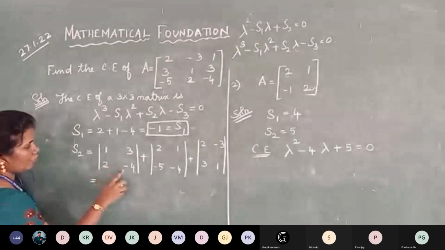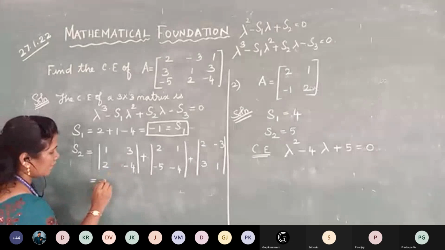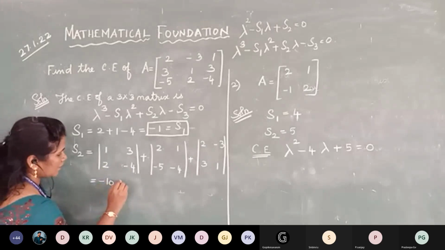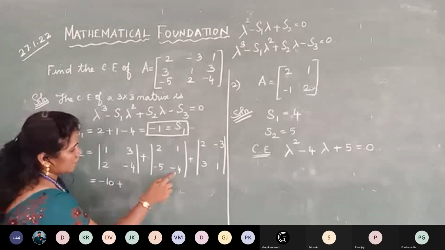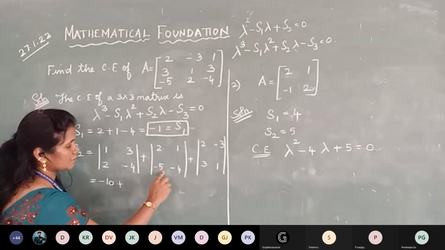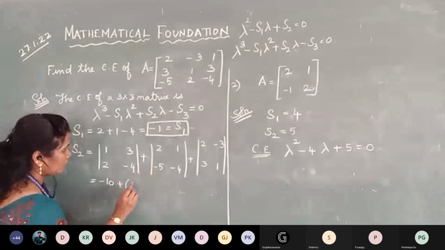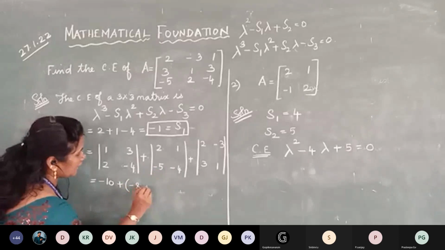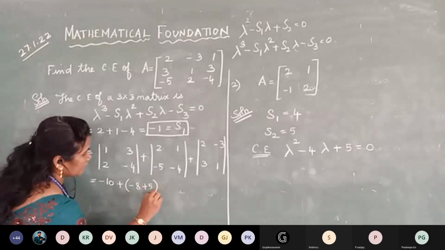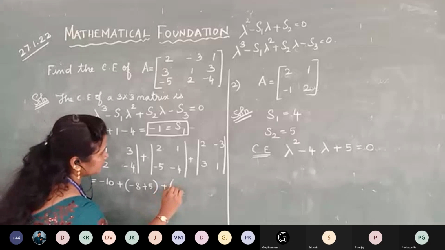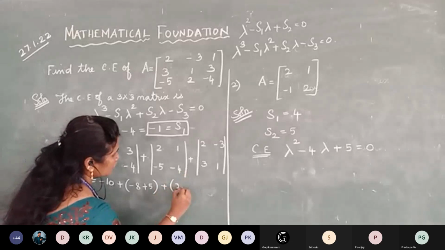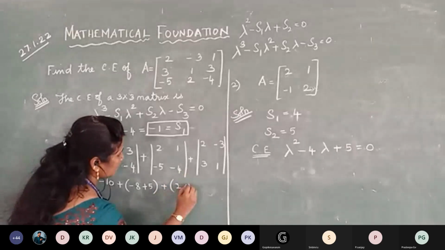This will be minus 4, minus 6. So that will be minus 10 plus minus 8, minus into minus plus. So it will be minus 8 plus 5. And here it will be 2 minus of minus, which will become plus 9.